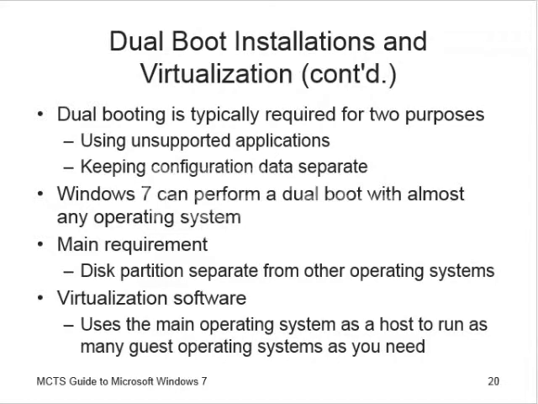When you configure a dual boot installation for Microsoft operating systems, the rule is to install the operating systems in the order of release, from older to newer. For example, to dual boot Windows XP and Windows 7, you will install Windows XP first.